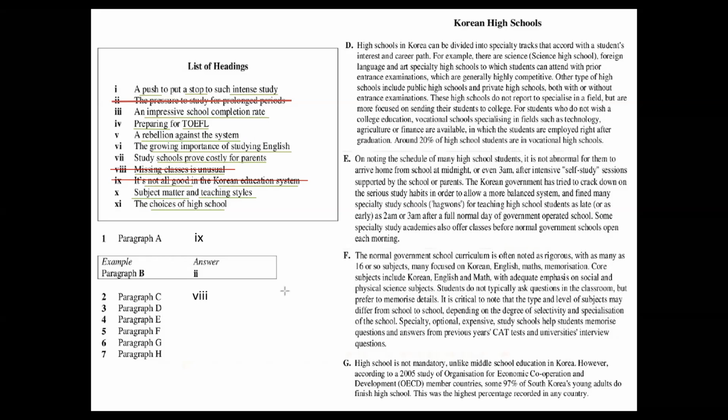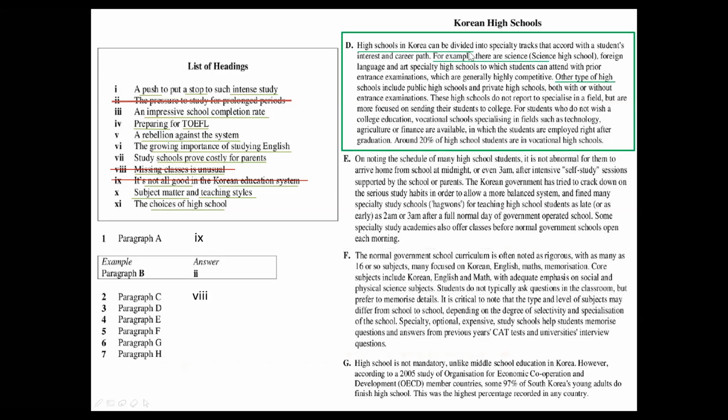Okay, thank you. Actually, that's the correct answer, and you spotted the correct keywords in the sentence. So for paragraph D, here we have: high schools in Korea can be divided into specialty tracks that accord with students' interest and career path. For example, there are science high school, foreign language, and art specialty high schools. It means the type of the high schools, to which students can attend with prior entrance examinations, which are generally highly competitive.